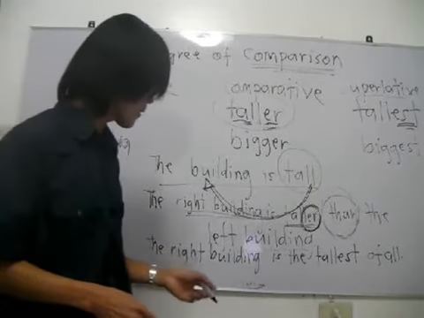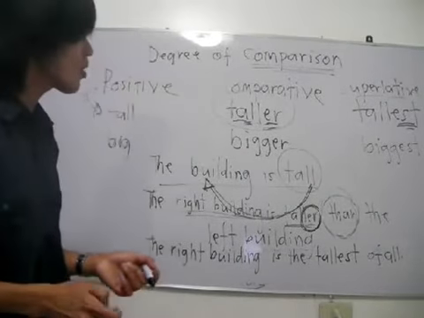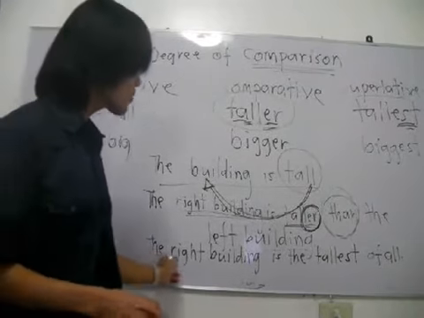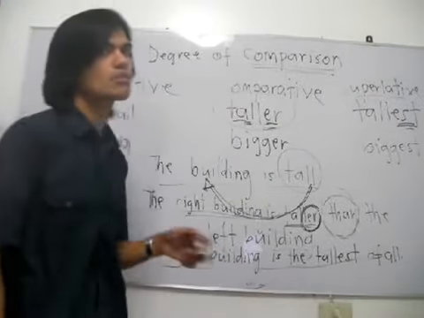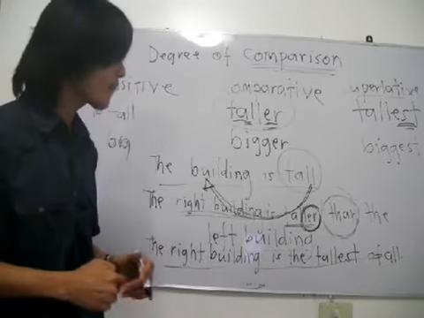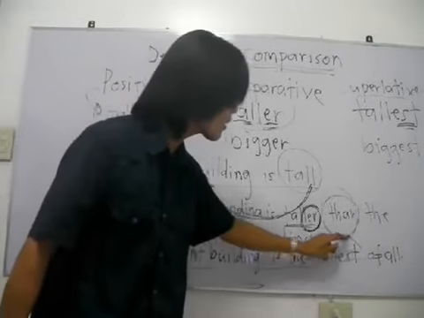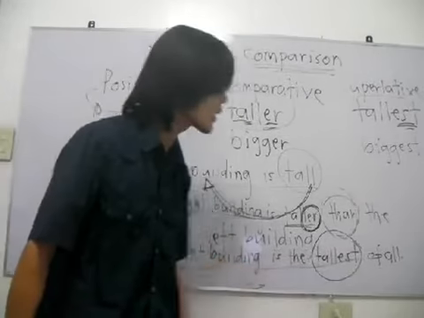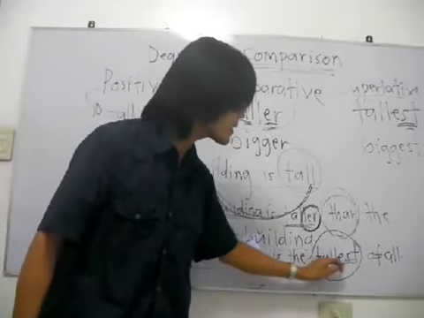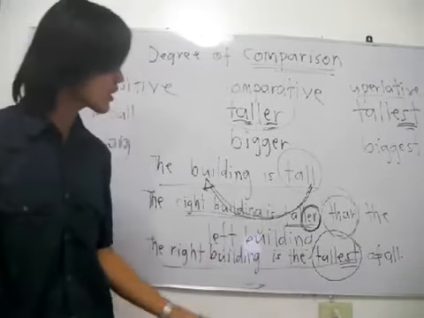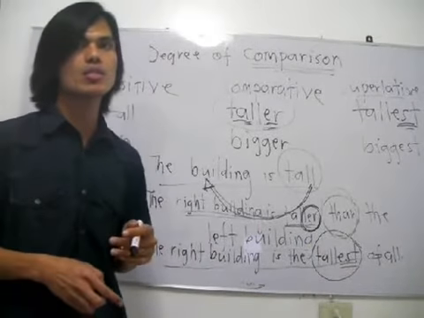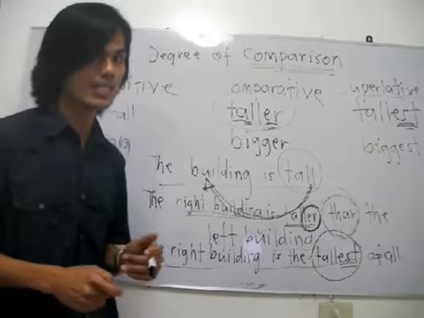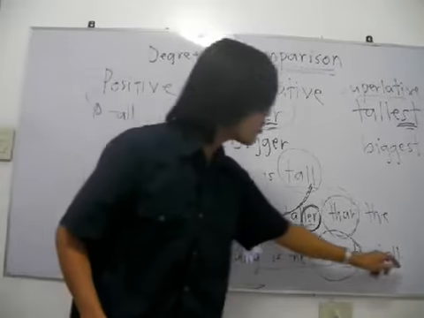Now the right building is the tallest of all. This sentence is under the superlative degree. Your adjective word here is tallest, and we add EST here. Why? Because we are comparing more than two things. So here, of all.